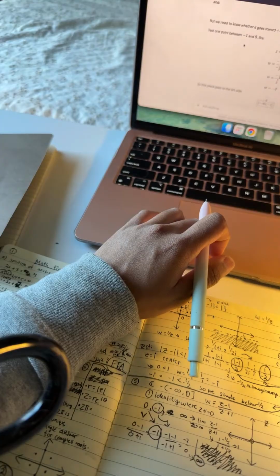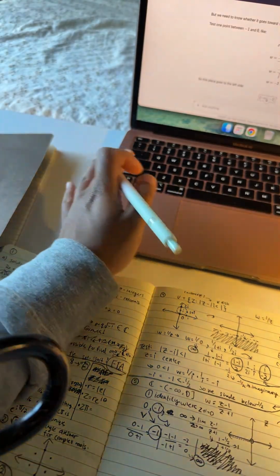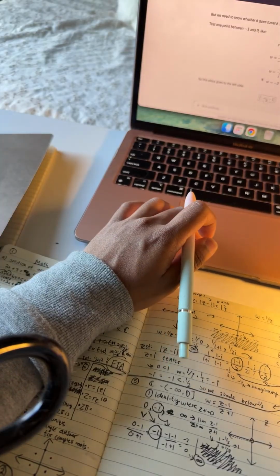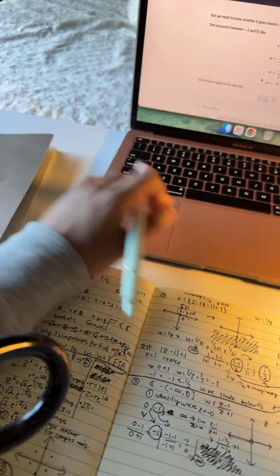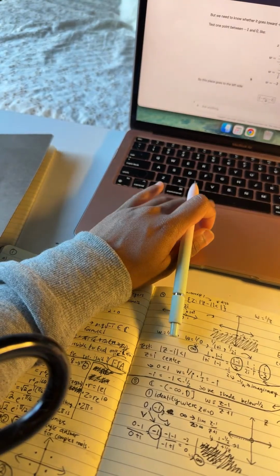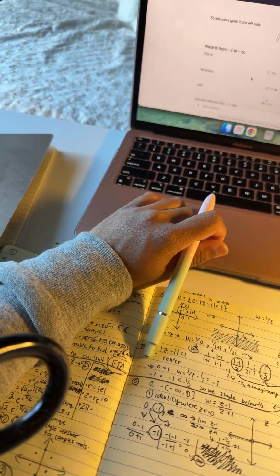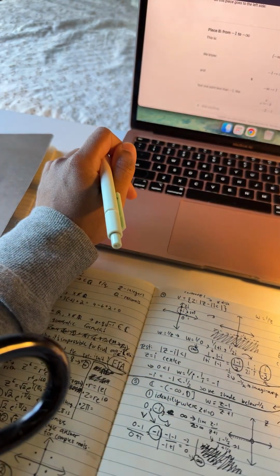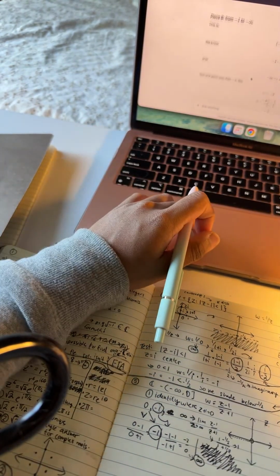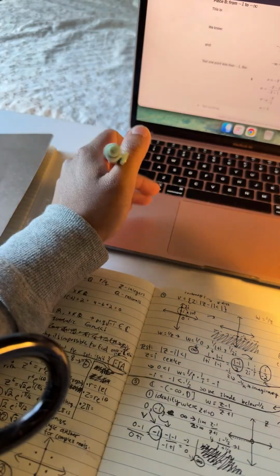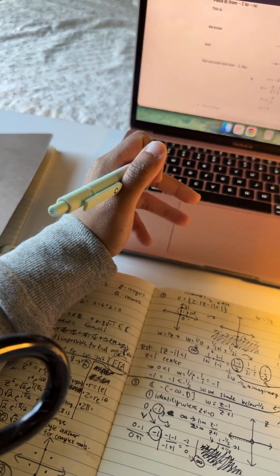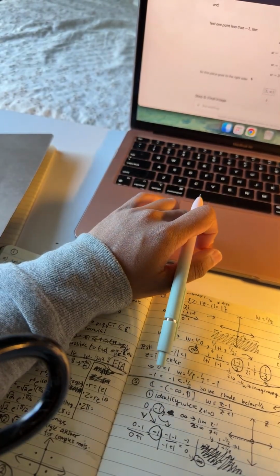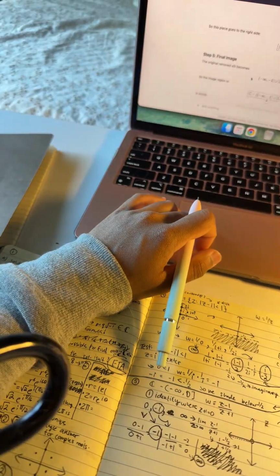Test one point between -1 and 0. So that's -1/2. It goes towards -3. So -1 to infinity. And then from -1 to negative infinity, we know that -1 goes to infinity, so we test 2 points.